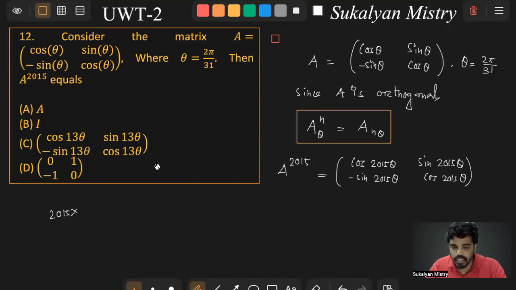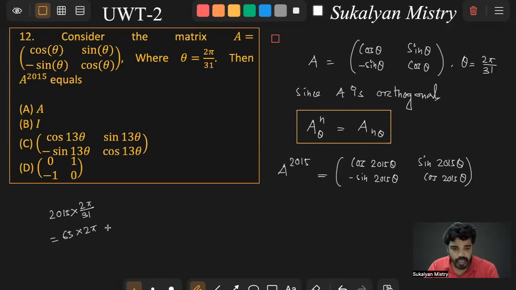Theta is 2π/31. So just calculate 2015 divided by 31, so you get 65. Okay, so that means 65 into 2π. Getting my point?